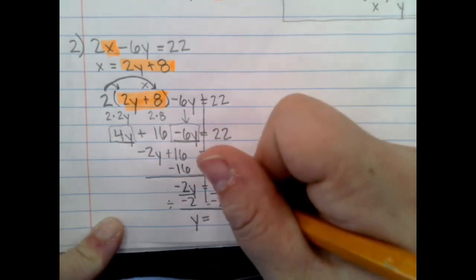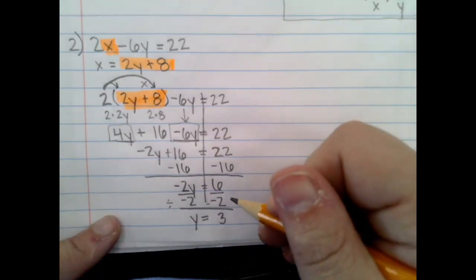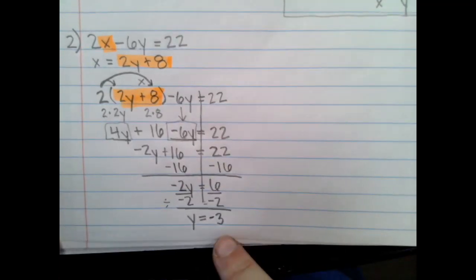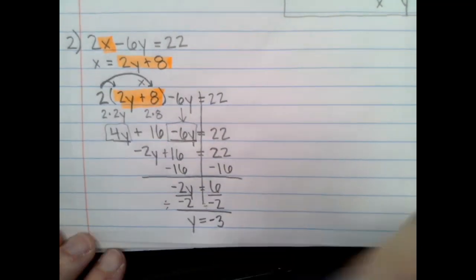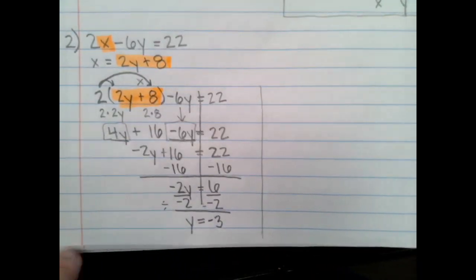Six divided by 2 is 3, and then a positive divided by a negative is a negative. So if you worked ahead, double check that you have that answer, y equals negative 3. If you got a different answer, you're going to get a different answer completely in the end. We need to make sure we have that one.